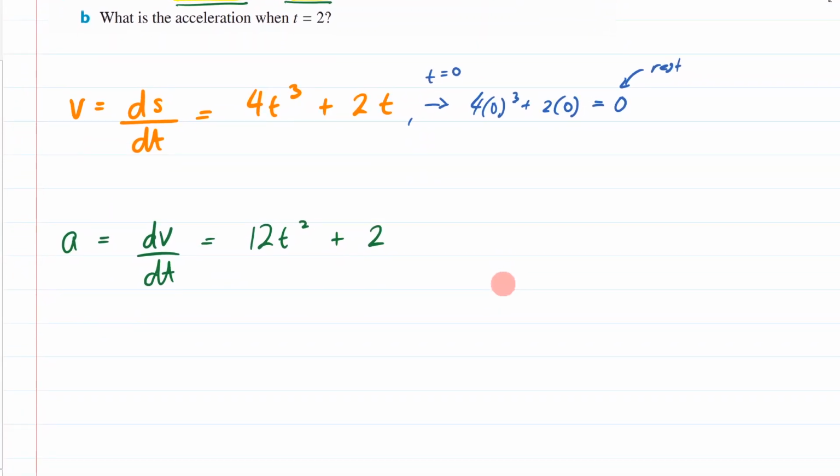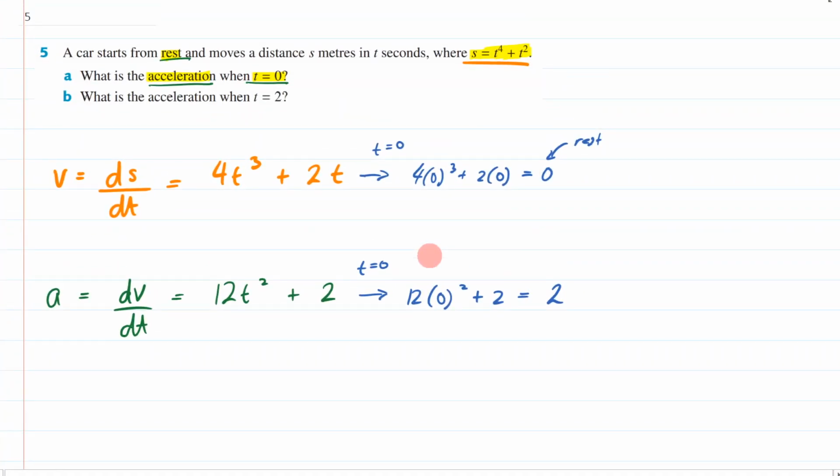So let's come here now and see what happens when t is equal to 0. I'm going to get 12 times 0 squared plus 2, which means I'm going to get 2 out. Now, the units that we use here are important.